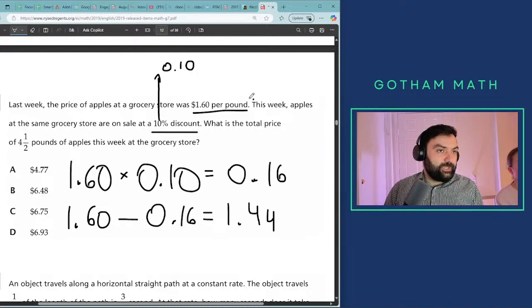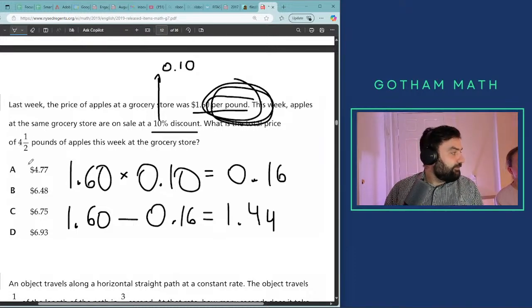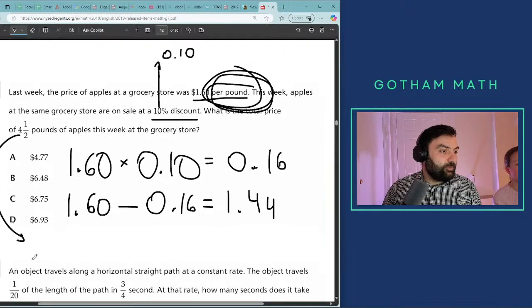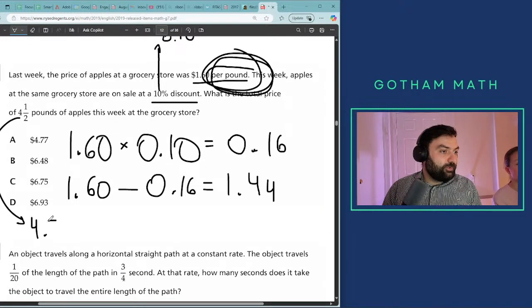And now we should not forget that this price was per pound, right? And we're looking for the price for 4.5 pounds, right? So look at this. They made it a little bit more difficult because they put it as 4 and 1 over 2. But we know that 4 and 1 over 2 equals 4.5, don't we?